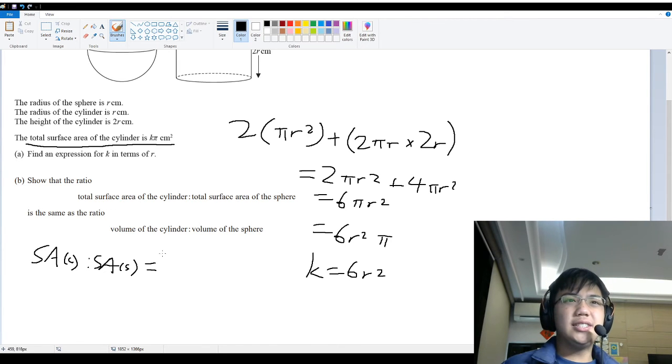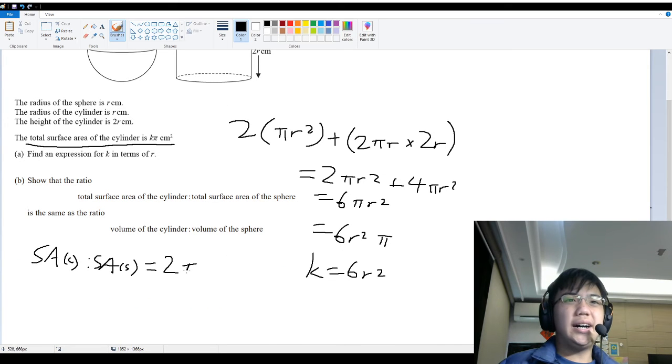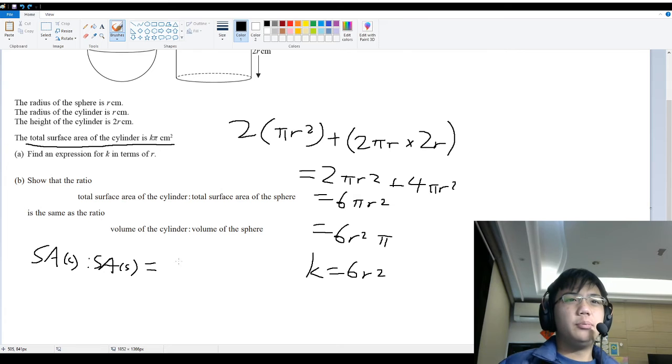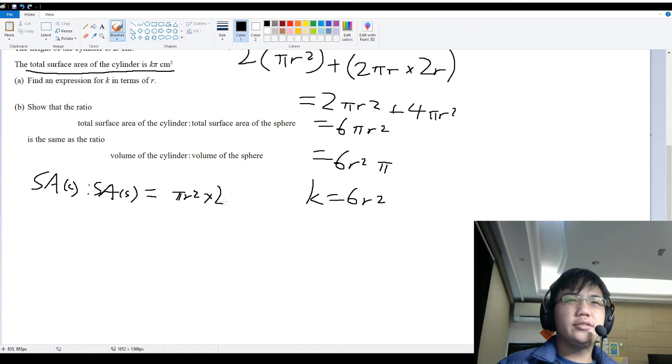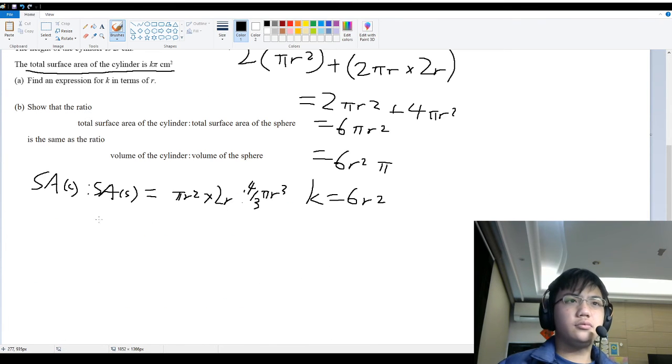So the volume of the cylinder would be, actually, pi r squared times 2r, to the ratio of the volume of the sphere, which will be 4/3 pi r cubed.